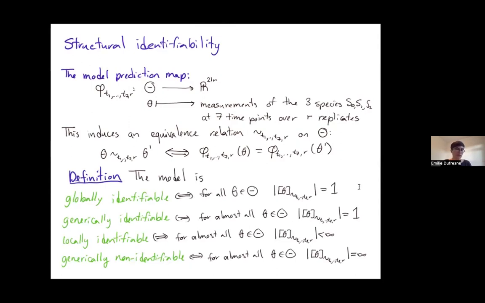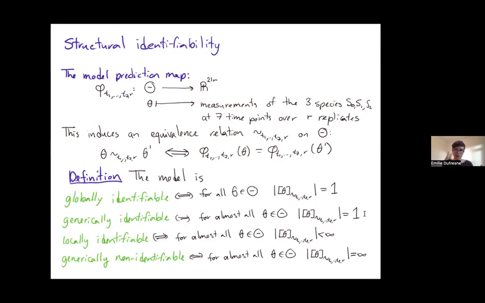Given a model prediction map, I'll say that the model is globally identifiable if for all theta, the equivalence class of theta has size 1, or equivalently, the map phi is injective. And then we'll say it is generically identifiable if for almost all theta, the equivalence class of theta is equal to 1. And by almost all here, I'm thinking in an algebraic geometric kind of way.